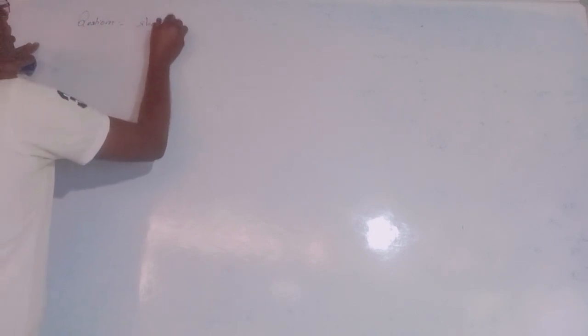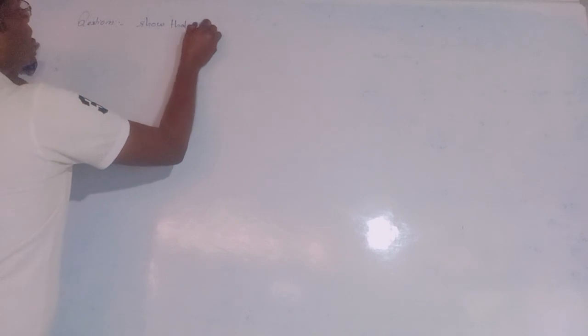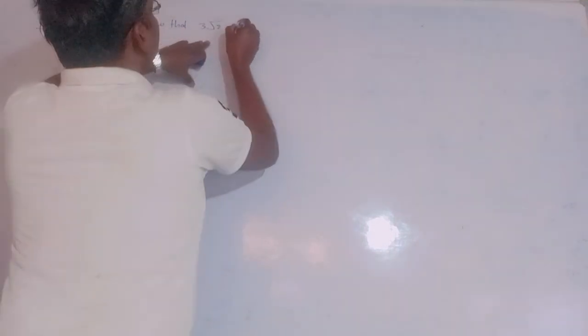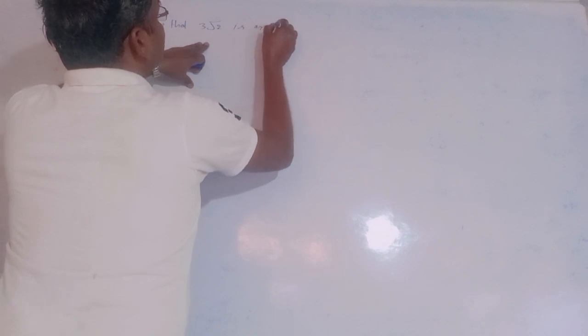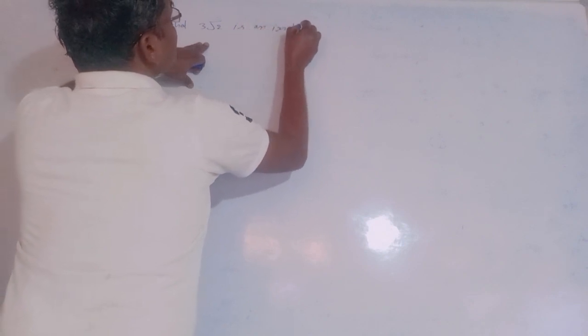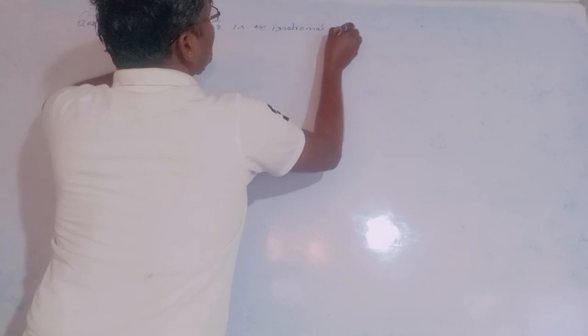Prove that 3 root 2 is an irrational number.